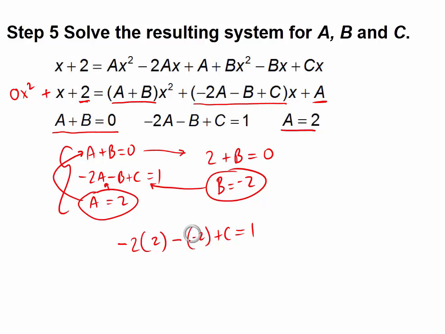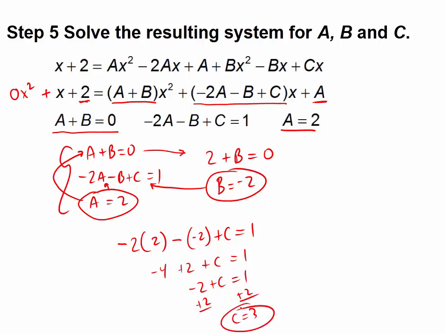Anytime you're substituting a value, putting it in parentheses will make it a lot easier to see. All right, let's simplify this guy and figure out what c is. So that's going to be negative 4. This is going to be plus 2. Plus c is equal to 1. Well, negative 4 and positive 2, negative 2 plus c equals 1. Add 2 to both sides. C is equal to 3.